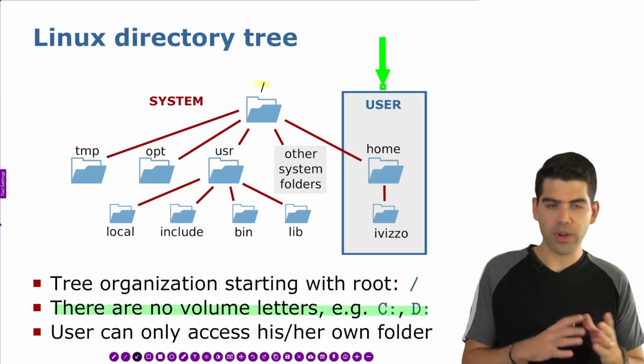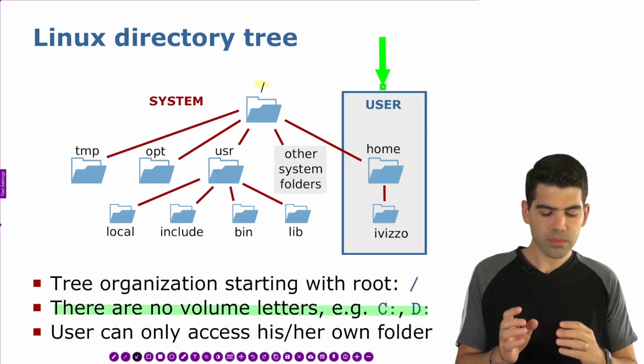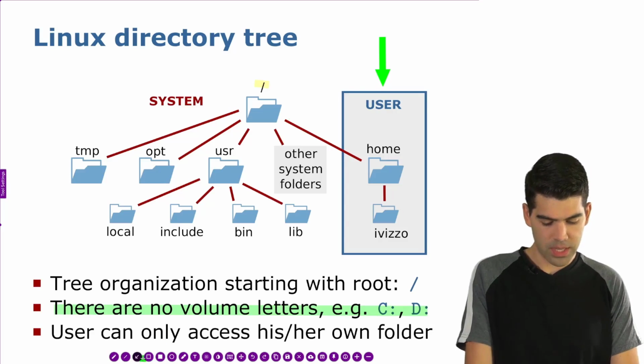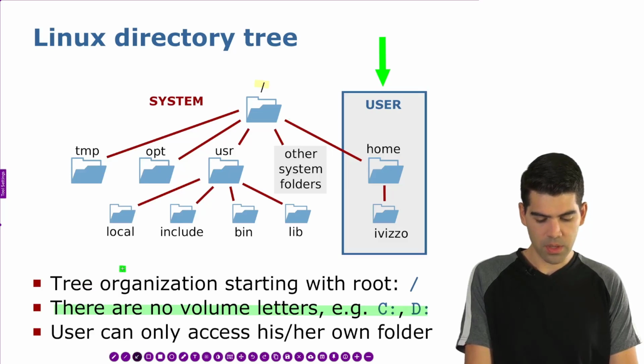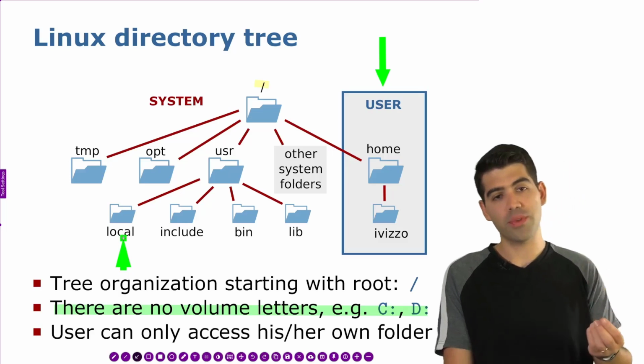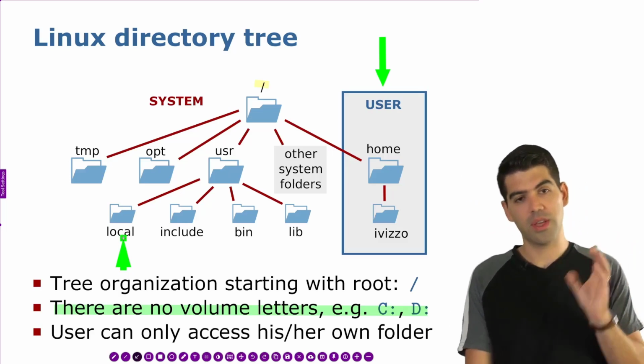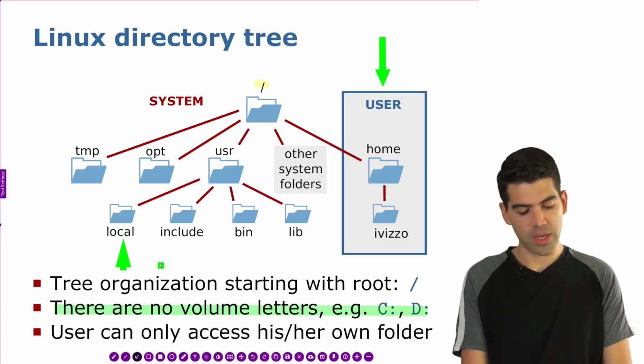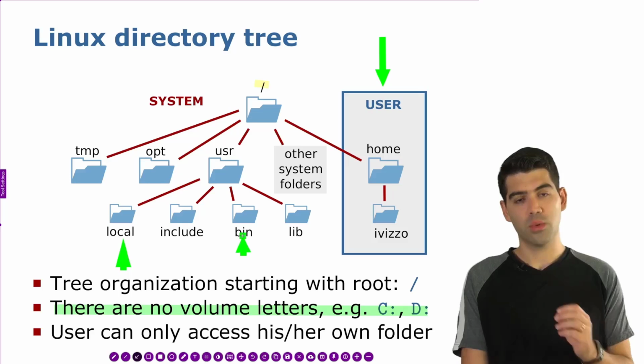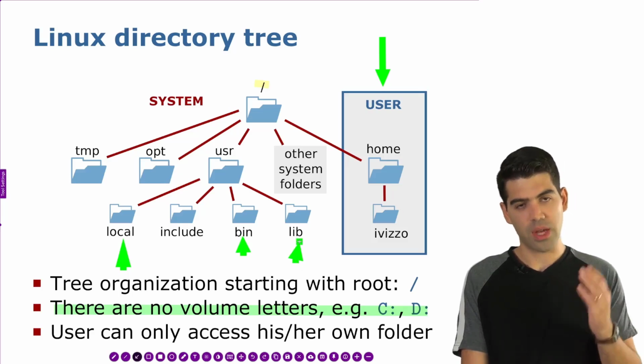The other directories you will have, for example, on this local directory, hold the libraries that you installed locally. So if you install OpenCV later in this course, the OpenCV library is going to be located here. The bin directory is going to have the binaries that you will be using, the libraries, and so on.